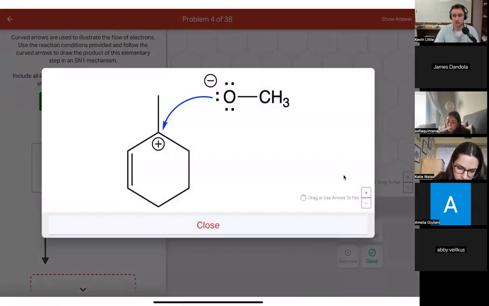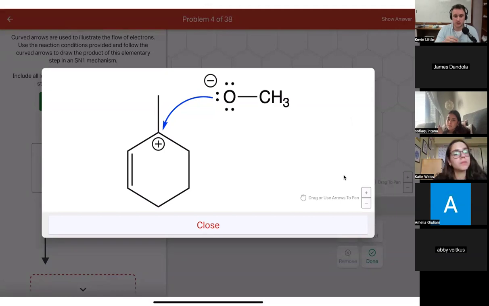So we have one arrow in this question, right? So what is that arrow showing? It's showing the movement of electrons, always. Which electrons are moving? Sophia: The ones on the oxygen. Yeah, the lone pair, right? That's where the arrow starts.